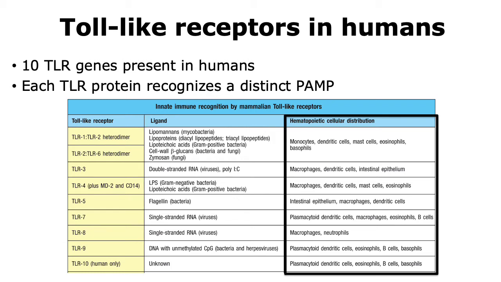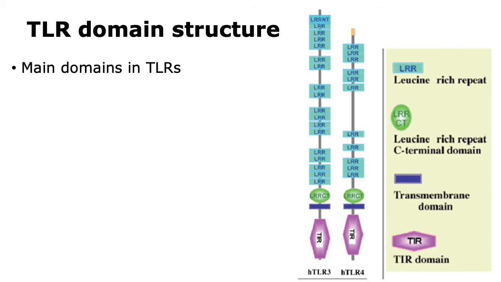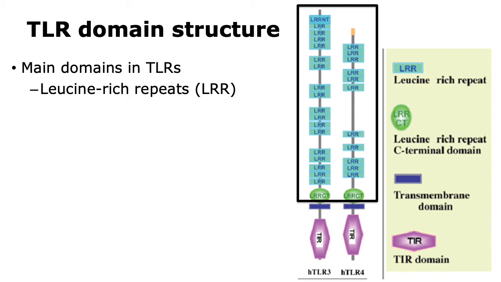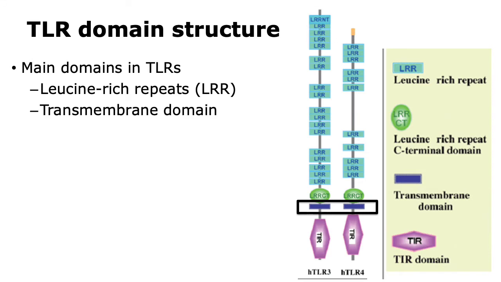The distribution of toll-like receptors is wide, so we can find them in many different cell types. When we look at the structure of toll-like receptors, they have a leucine-rich repeat domain followed by a transmembrane domain that helps them anchor to the membranes of cells.